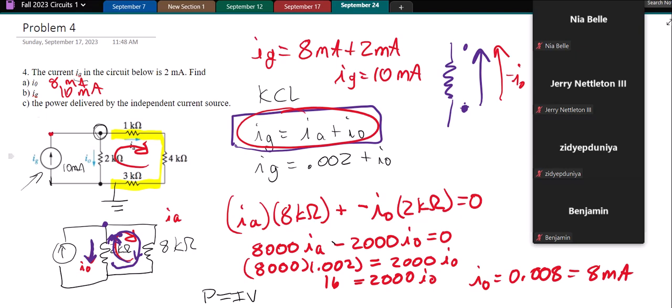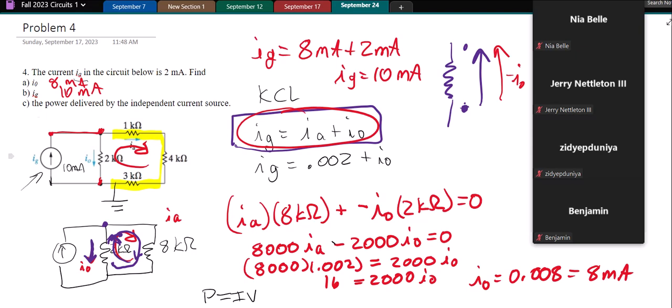So a current source doesn't have a resistance, so I can't use Ohm's law. What I can do is say that my current source is in parallel with this resistor that's in the middle branch. And so whatever voltage I have on top with this 2 kilo ohm resistor, that has to be the same voltage that I have on top with the current source, because these two are in parallel.